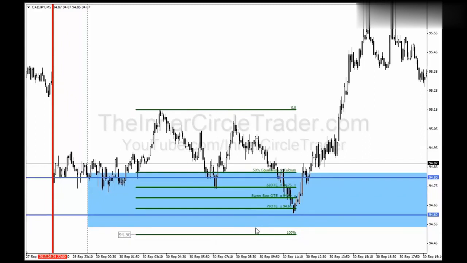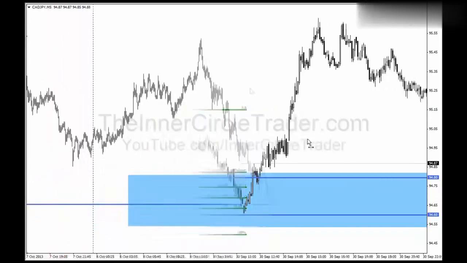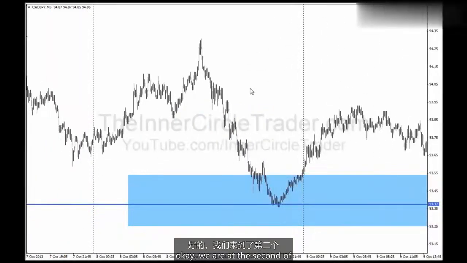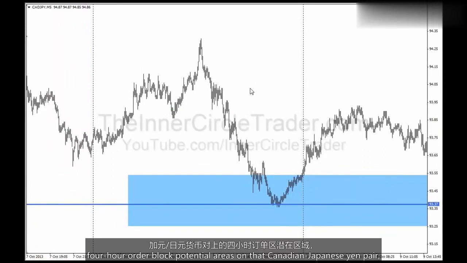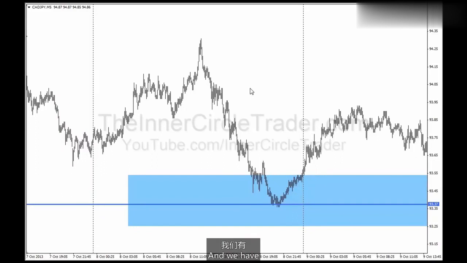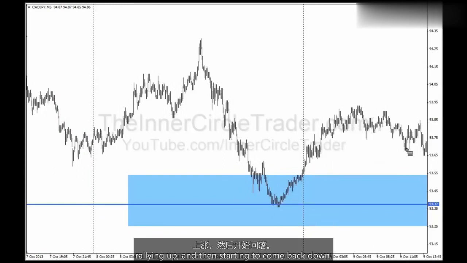Okay, so now let's move on and take a look at the second of the 4-hour order block potential areas on that Canadian Japanese yen pair. Okay, and we have this range here. We have the price bouncing off it initially, rallying up, and then starting to come back down.